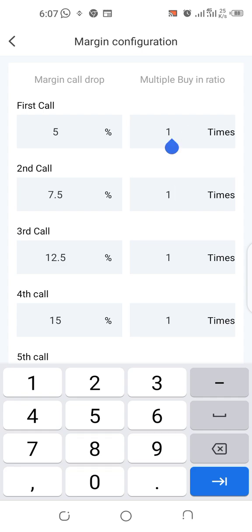So if you want it to keep buying another 10 USDT, 10 USDT, 10 USDT, you just put one time. That's the ratio. But if you want it, for example, at the next drop to buy 12 USDT, you're going to put 1.2. But assuming it was 15 you started with and you want it to buy maybe 30 USDT, you're going to put 2 because that's 2 times the 15 that you started with. So this can be so many things.